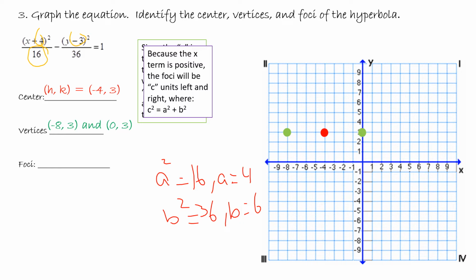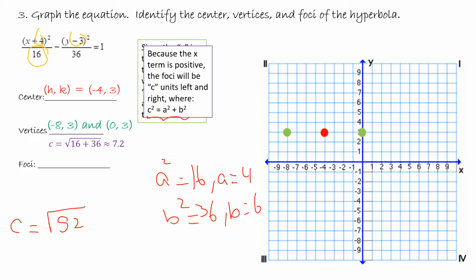Now, to find the foci, I'm going to use the equation c squared is equal to a squared plus b squared. So c squared is 16 plus 36, so c is the square root of 52, which is about 7.2.